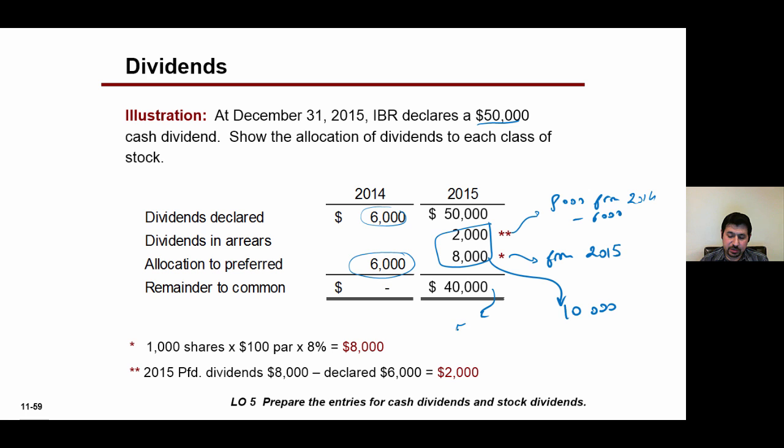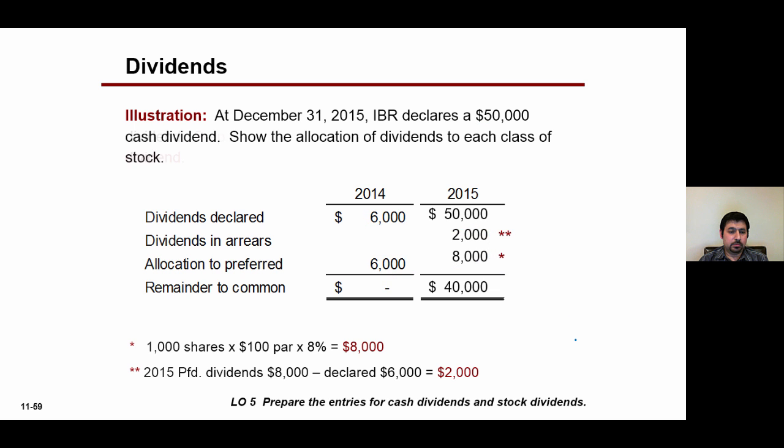So this one is actually 50,000 that were declared minus the 10,000 that will be given to preferred stockholders.